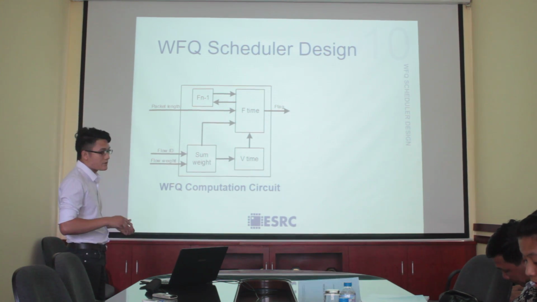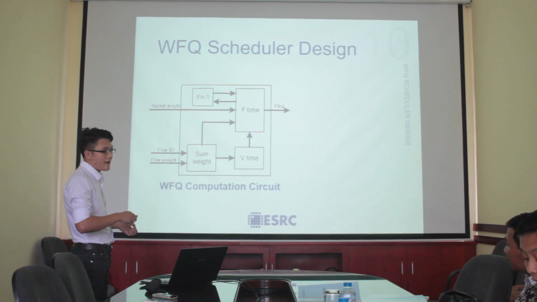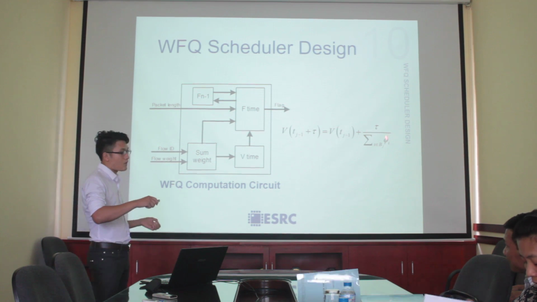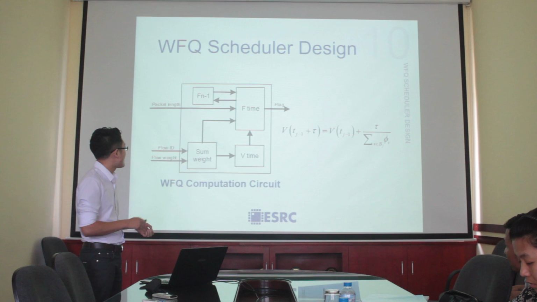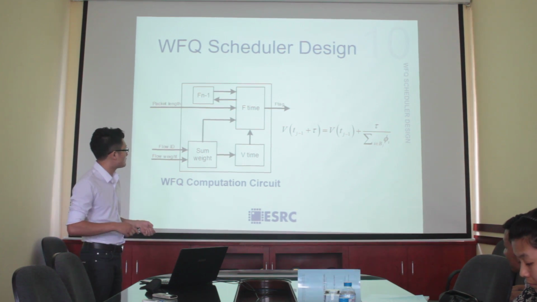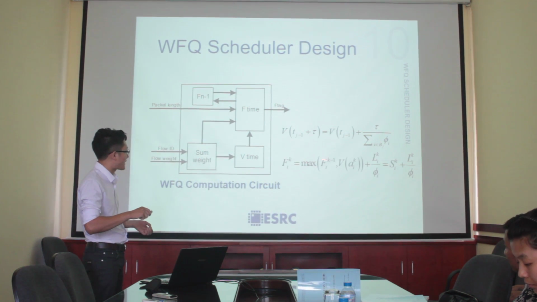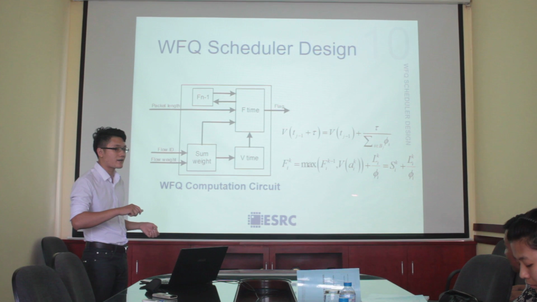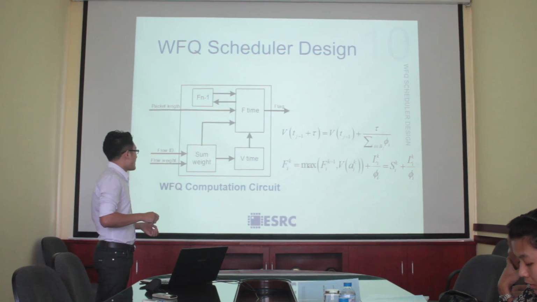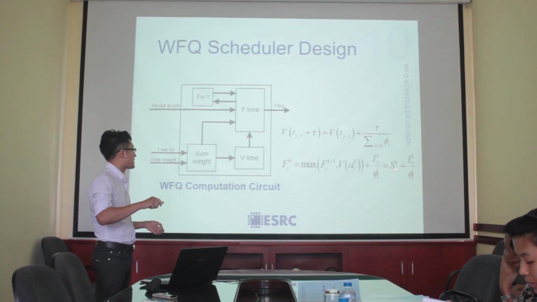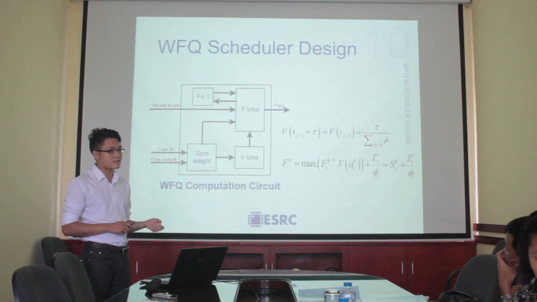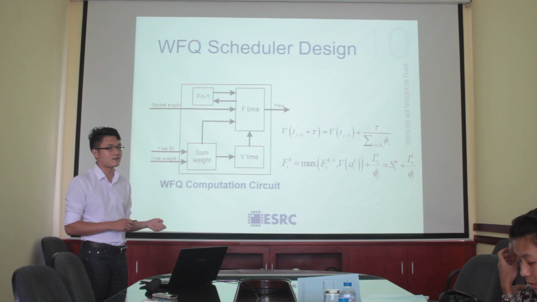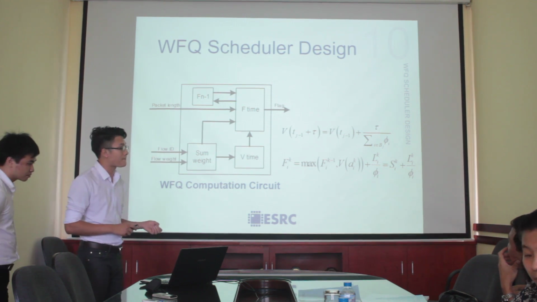These two parameters will be sent to the V time block, and this block uses the first formula here to calculate the virtual time of the system, and the add time block will use this second formula to calculate the finish time of each packet coming into the system. And from this formula, we can conclude that the finish time of a packet is always smaller than those of the next packets in the same flow.